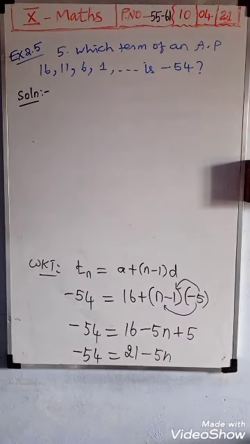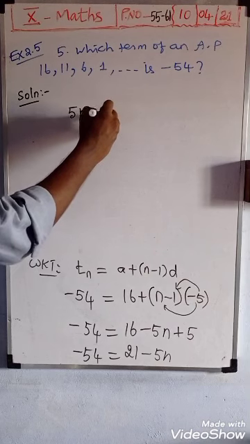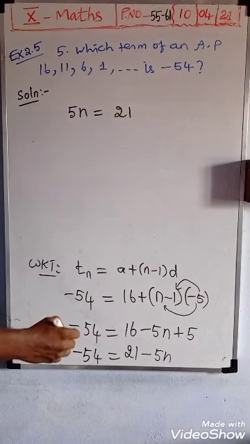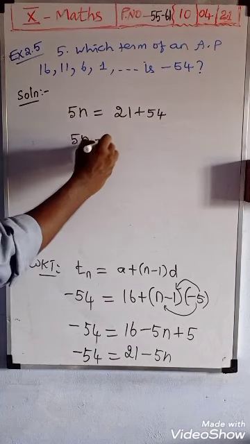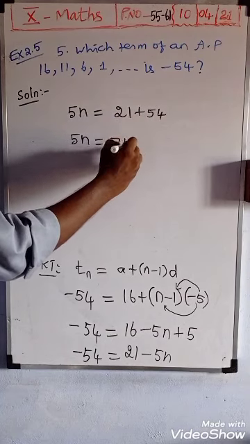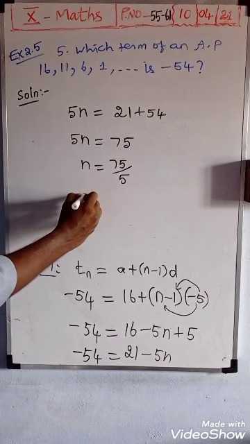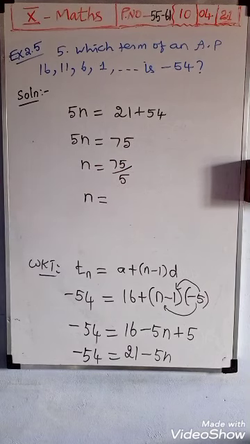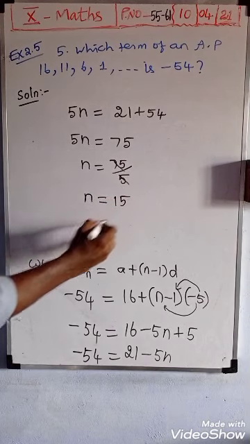Therefore you see here minus 5n this side comes plus 5n, is equal to 21 minus 54, that side goes plus 54. Now 5n is equal to, you should add, means 75. Now n is equal to 75 by 5. 5 will go down. So therefore n is equal to, if you cancel the 5 table, we will receive 15.